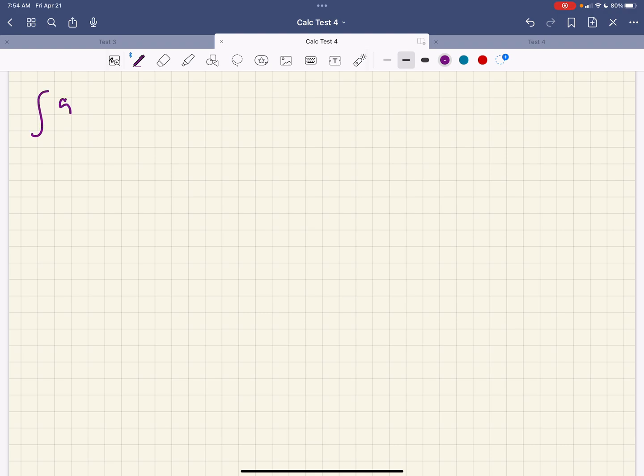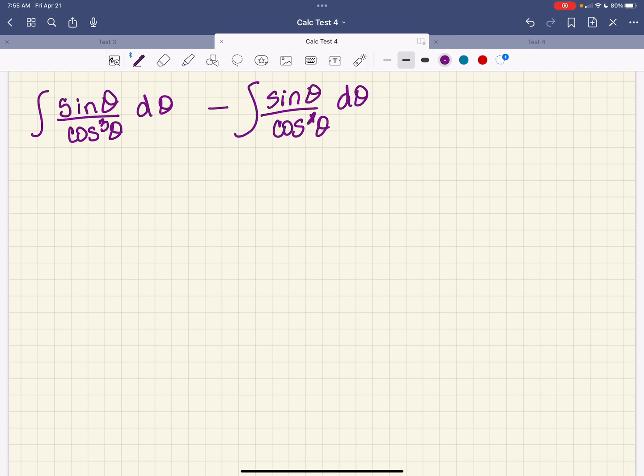Sine of theta over cosine cubed of theta, d theta, minus sine of theta over cosine squared of theta, d theta. Okay, so what I'm focusing on now is just this part right here. Okay, I'm just focusing on this.